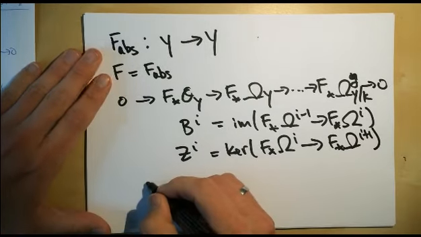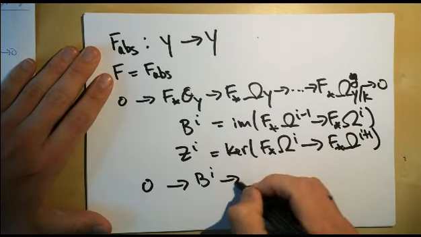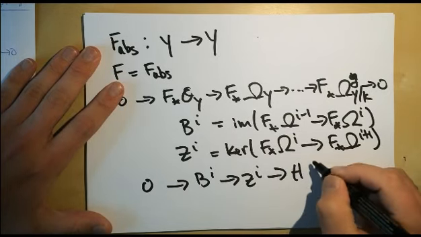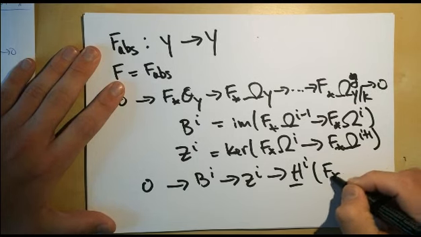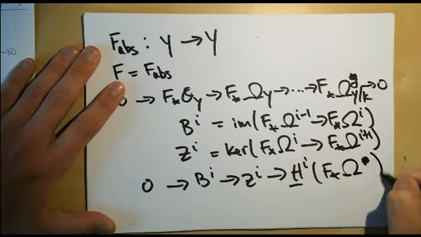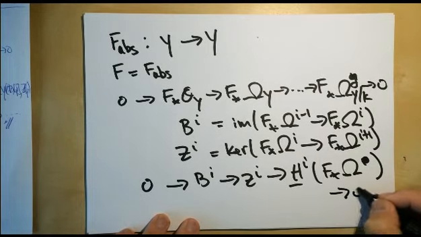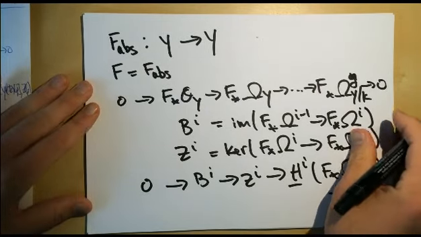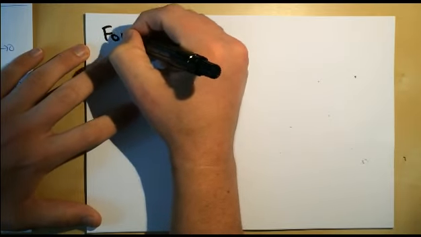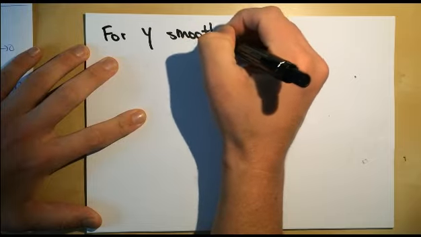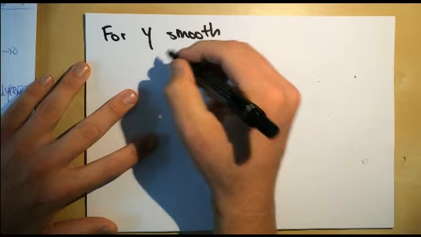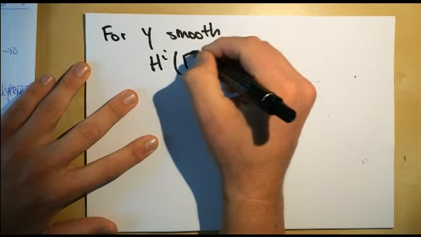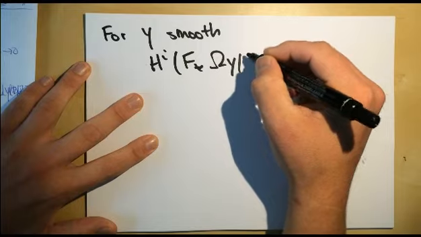And then we have this exact sequence, of course, and I'm going to call this H^i, the cohomology of this complex here, and this goes to 0. And so the Cartier operator says that for Y smooth, there exists a map here from this H^i of omega_Y over k.